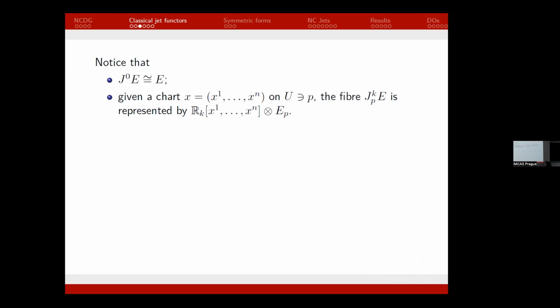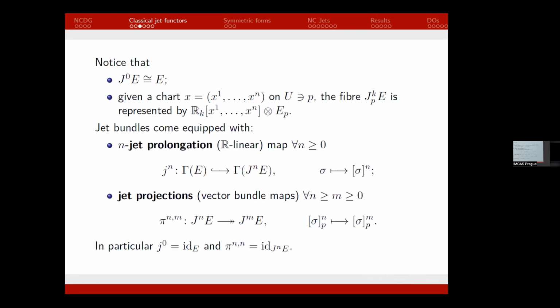Then, more generally, if we are in a k-jet and we are on an n-dimensional manifold, we take a chart x1, ..., xn, and we can see that the fiber of the jet bundle is given by polynomials of order at most k, with variables x1, ..., xn, with coefficients tensor E_P, which means these are kth order polynomials in the coordinates with values in E. And here we can again see why Taylor is related to jets.